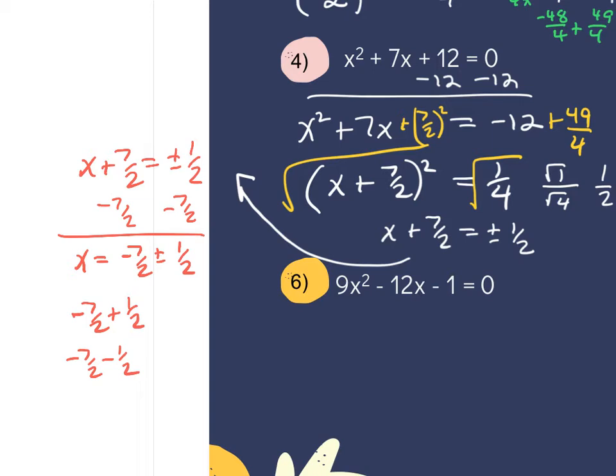I actually have to do this plus minus thing. So here, negative 7 plus 1 is negative 6 over 2, which gives me negative 3. Then if I do negative 7 minus 1 is negative 8 over 2, which gives me negative 4. So my two solutions for this problem are negative 3 and negative 4.